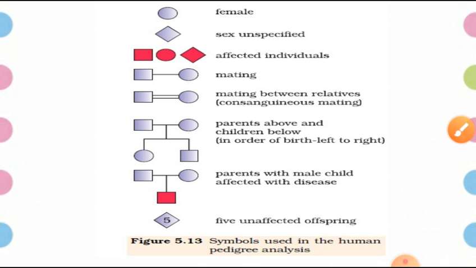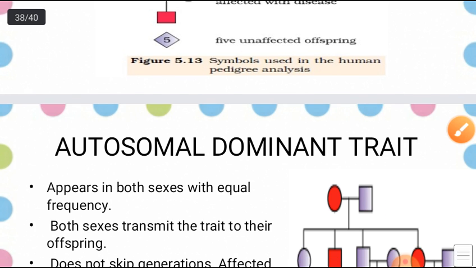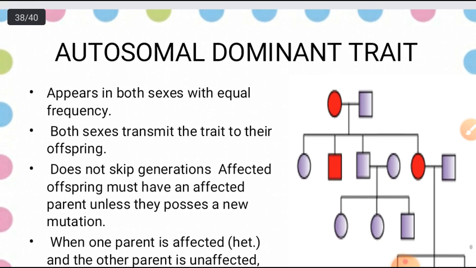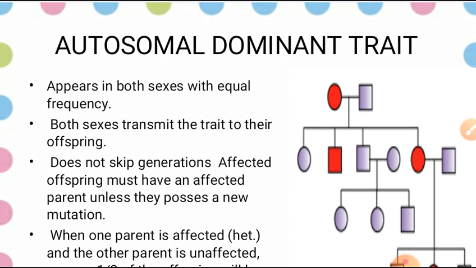So with the help of pedigree analysis, we can identify the disorder. Now let us learn how to identify. What are the rules we are following? If a pedigree is given, we can analyze the pedigree and come to a conclusion whether the pedigree is showing autosomal dominant disorder or autosomal recessive disorder or a sex-linked disorder.